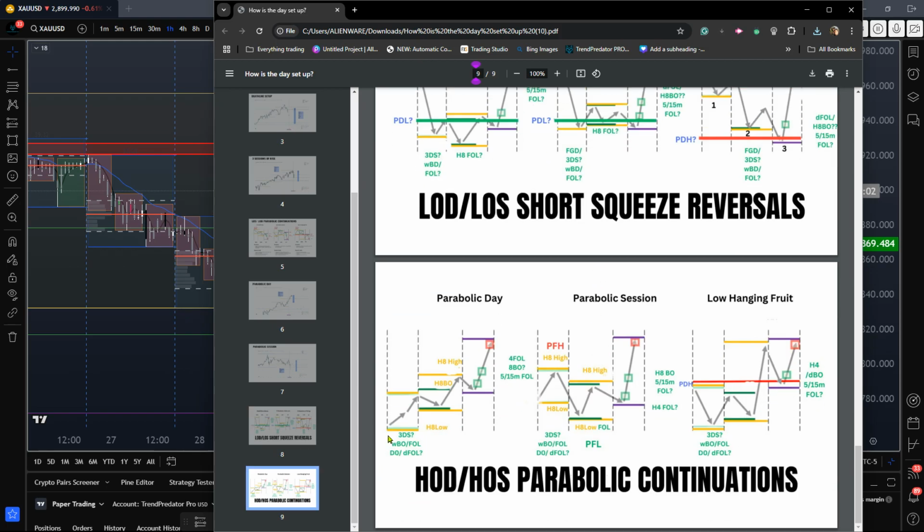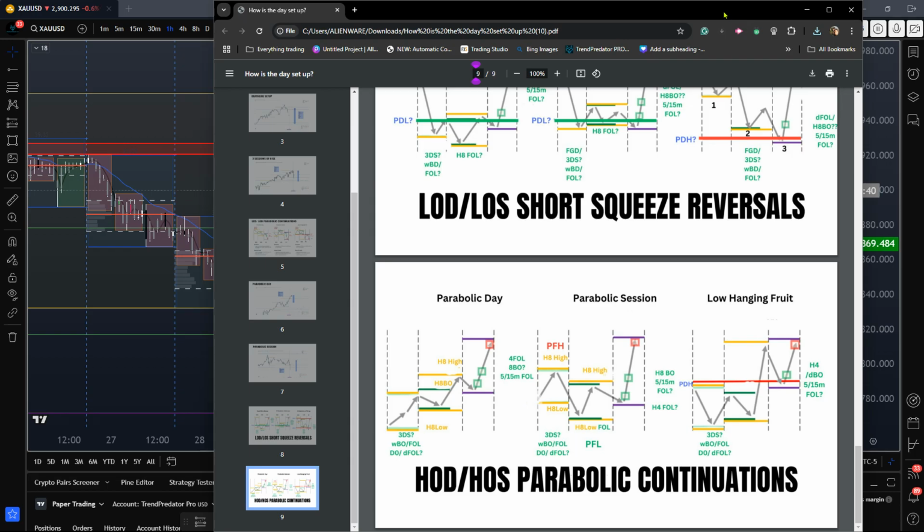If I'm coming up, I would be looking for something like this to take it long, or this is more like what we're looking at today, for the continuation of a parabolic session trade.